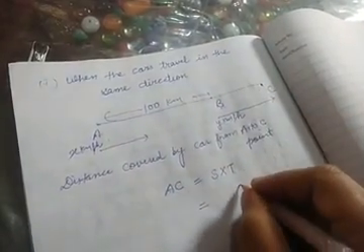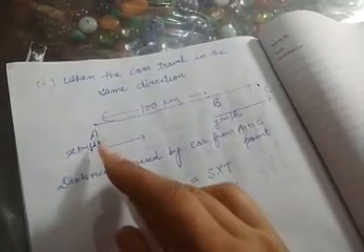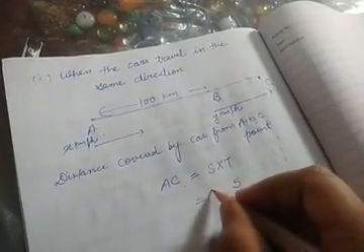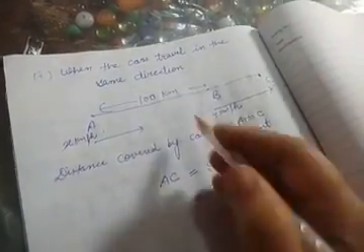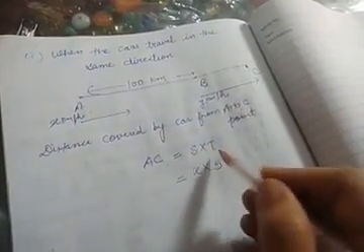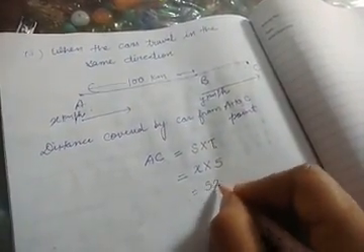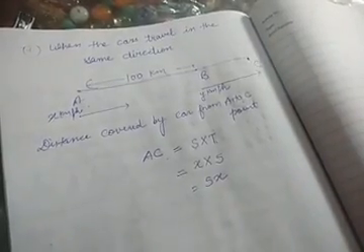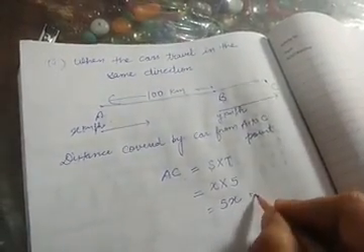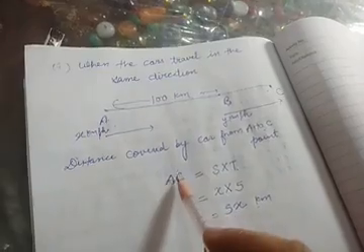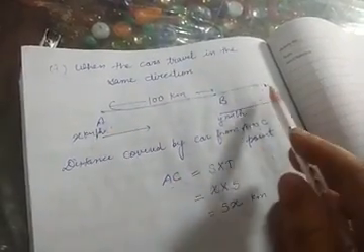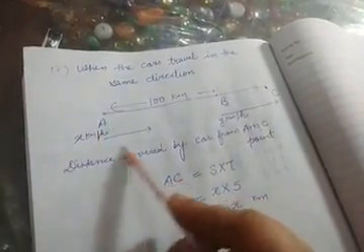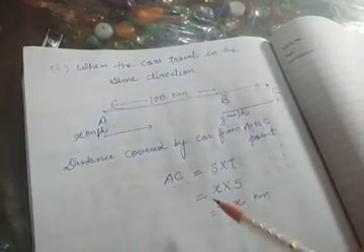So that means time is 5, and the speed of car starting from A point is x. So distance AC will be speed into time, that means x into 5, it will be 5x kilometer, you can say. Is it clear to all? AC distance is speed into time, and the speed of car starting from A point is x.